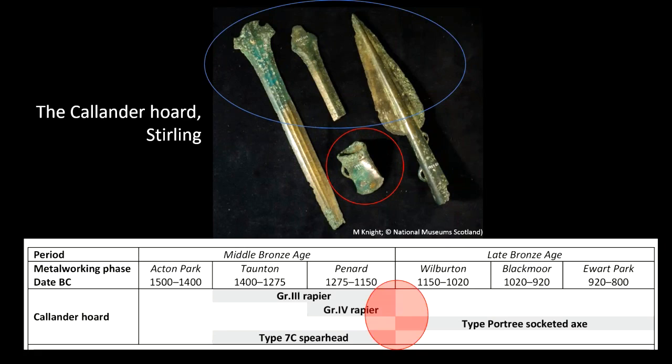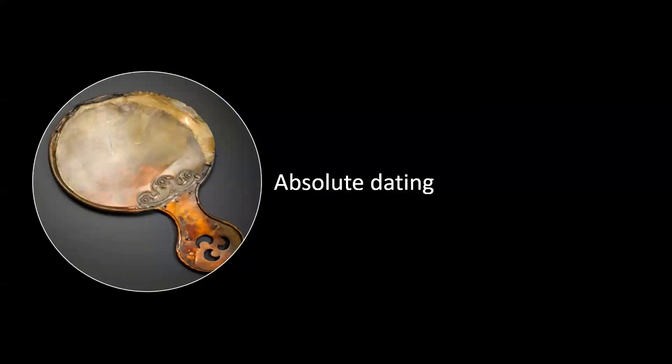And of course, when we see the broad typologies of these objects, they abut each other, and to my mind, there's no reason why this couldn't represent objects that were in prolonged circulation into the Late Bronze Age, or the adoption of the socketed axe a little bit earlier. Of course, ideally, we want to back up our typological ideas and relative dating with absolute dating.